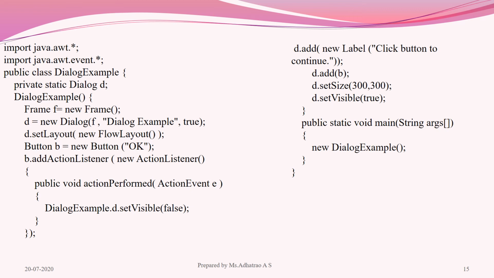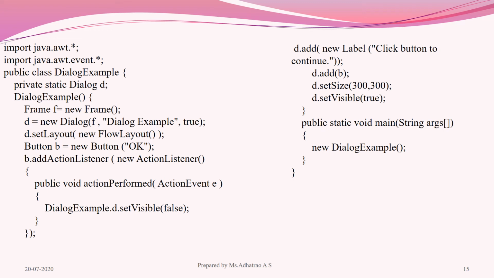The method called actionPerformed, I need to implement that method. So public void actionPerformed by passing the object of the ActionEvent class, E. DialogExample.d.setVisible(false).